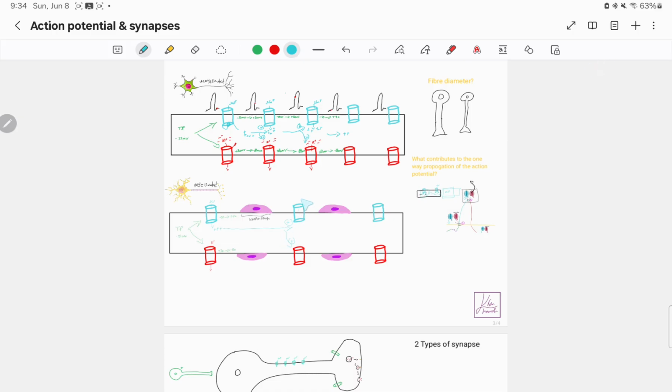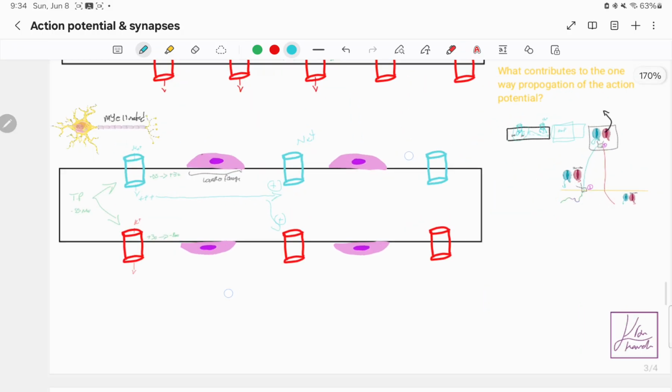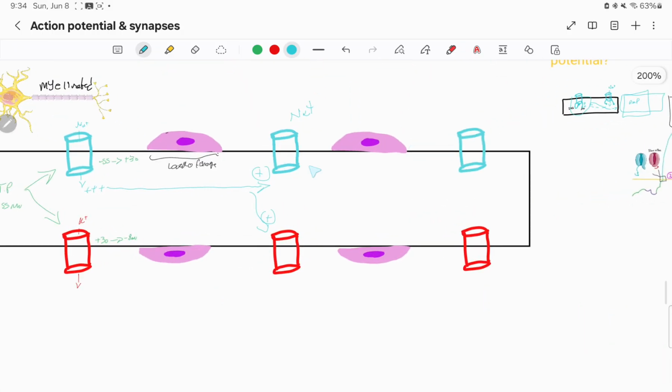Great, beautiful. And again, the same thing will happen. These charges will bring this area towards threshold because it was currently at negative 70. It'll bring it to threshold. Then it will open the gates. Sodium comes in. We'll go from negative 55 to positive 30. And then at that positive 30, the potassium voltage-gated channel opens, right? Making the inside negative until we get from positive 30 to negative 80.